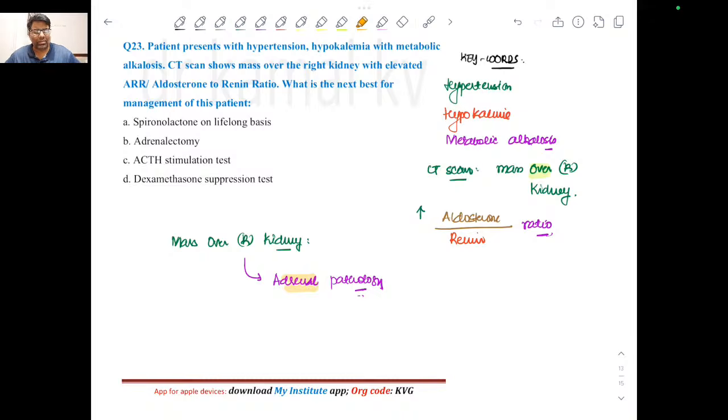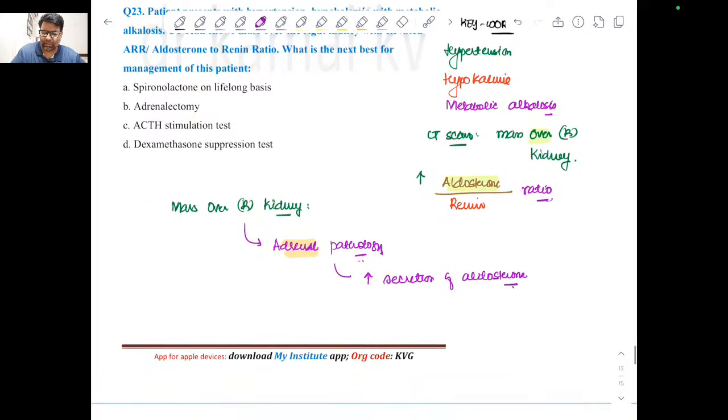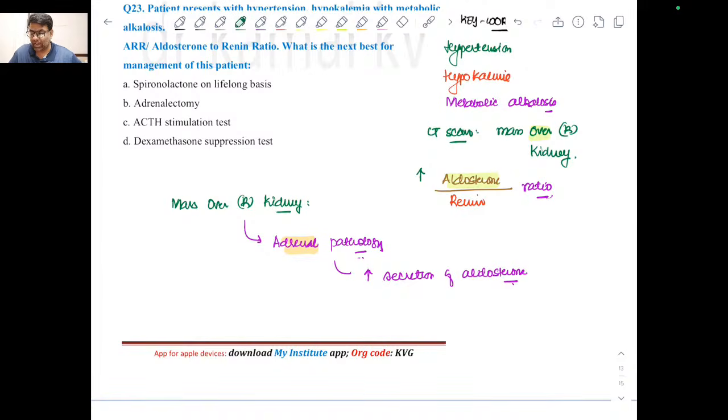Now we know that from the adrenal gland many hormones come from the cortex, catecholamines come from the medulla. So how to check what is the actual site of pathology? So if you go with this point, you can see that there is more secretion of aldosterone. That's why the ratio of aldosterone to renin is high.